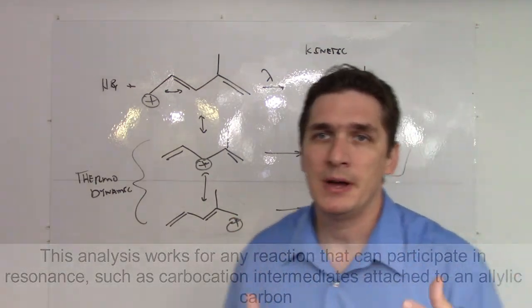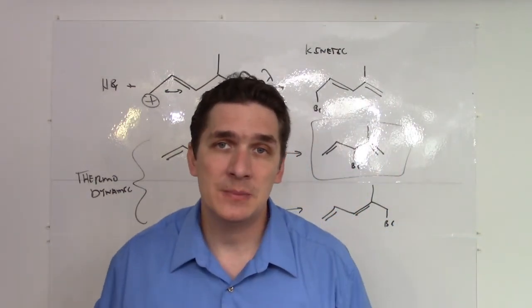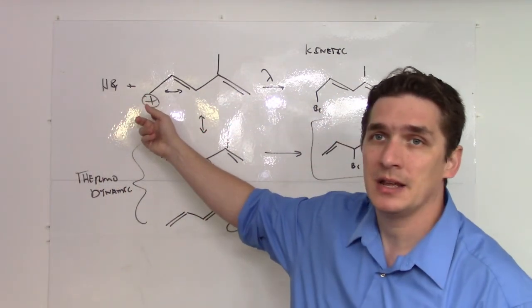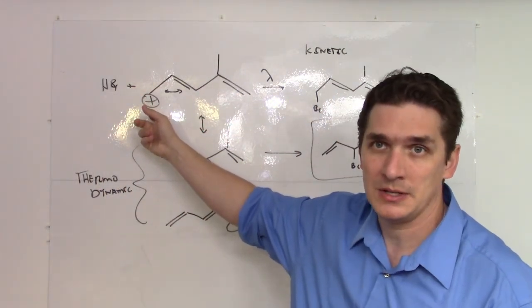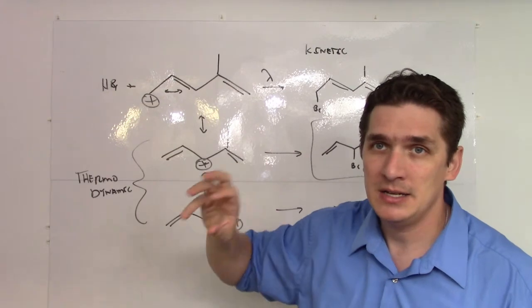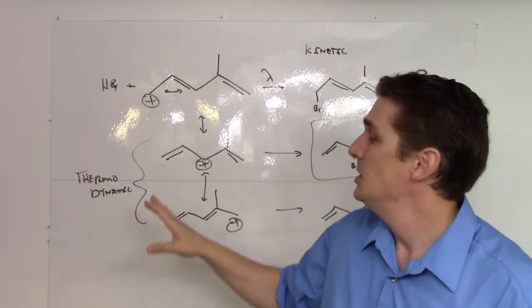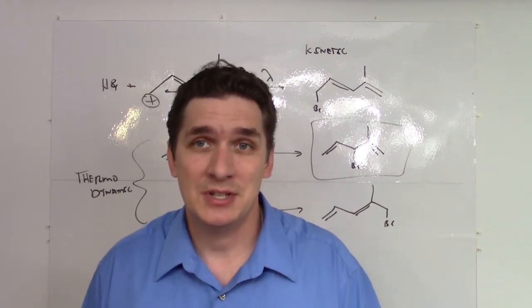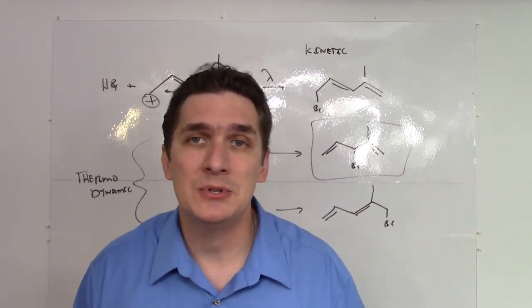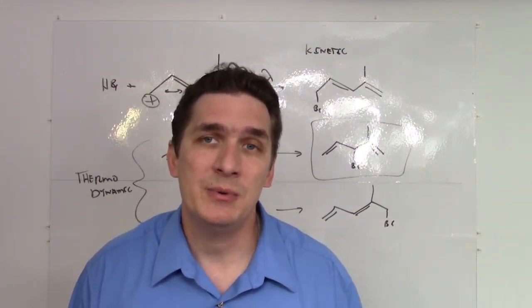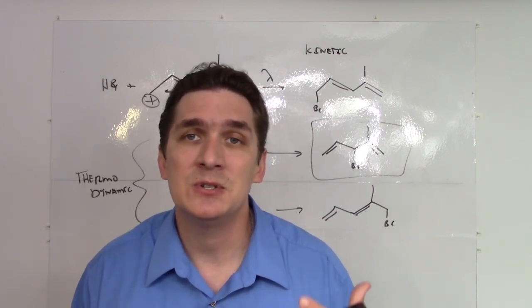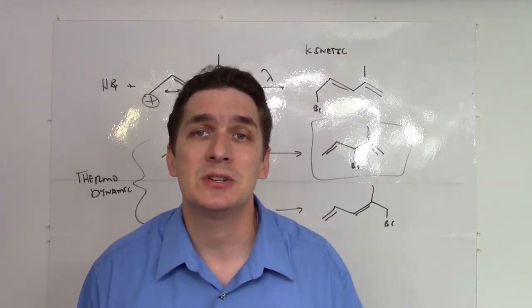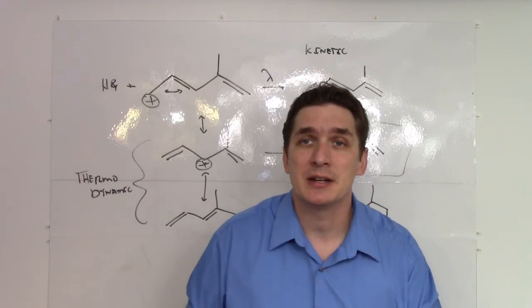They move along by resonance, and if we go to low temperatures, we're going to favor substitution at the initial point of attack, or at high temperatures, we favor the thermodynamic products, which are accessible by resonance. So, thermodynamic versus kinetic. Kinetic, low temperatures, it's the simplest one. Thermodynamic products are those that are done at high temperatures because they're given enough energy to allow resonance to occur to let our radicals and carbocations move along.